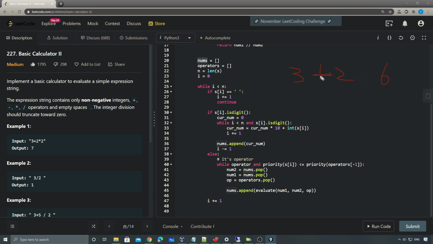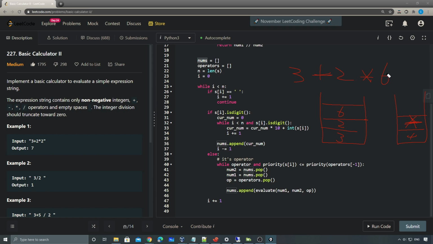If we have 3 plus 2 times 6, the stack will be 3, 2, and 6, and in the operator stack we have plus and multiply. Because we only do this evaluation when the current operator is smaller than the previous one.